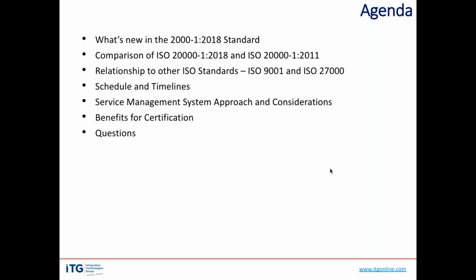I'll also briefly talk about how the new 2018 standard maps to ISO 9001 and ISO 27000, and talk a little bit about schedule and timelines associated with the transition to the new standard. And of course, we'll talk a little bit about the systems management approach, some considerations, and also the benefits of certification for those of you on the webinar who don't have a certification for the company yet.